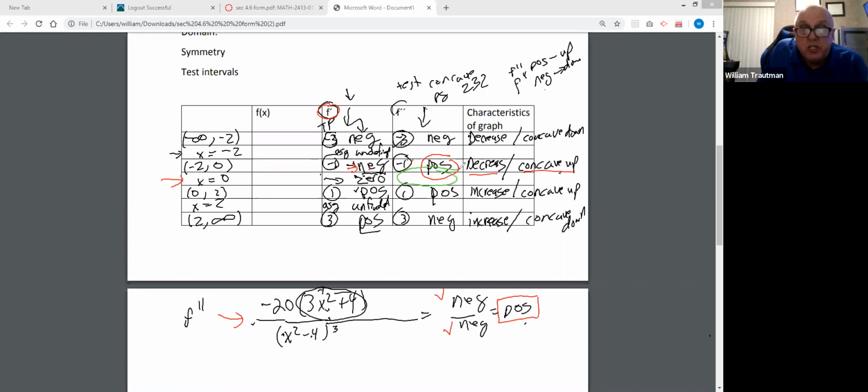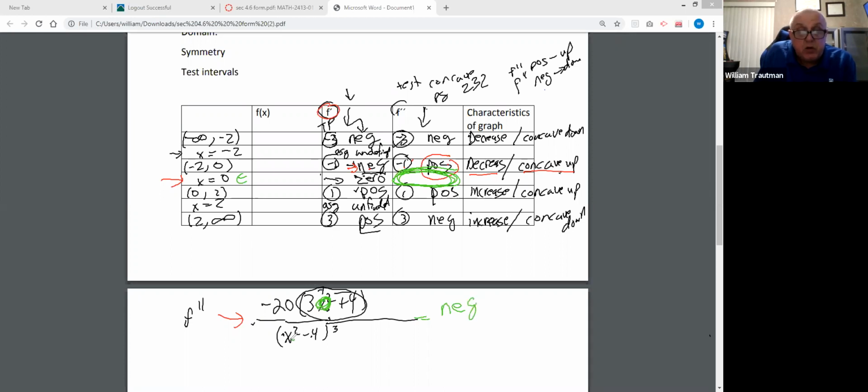I need to put 0 in here. Because it's not a test point, it's 0. So I want to plug 0 into the second derivative. Let's do that now. And then I'm going to show you what we have to do with that. If I put 0 in here, 0 plus 4 is 4. 4 times negative 20 is negative.